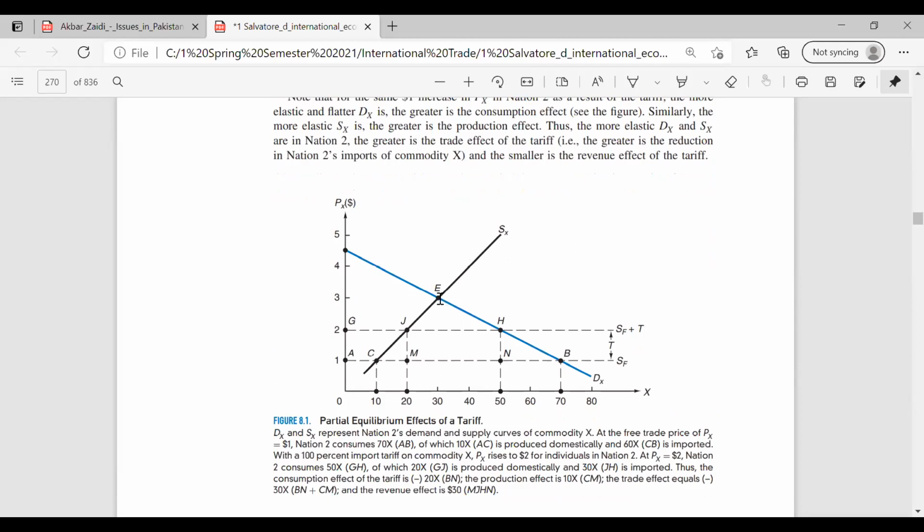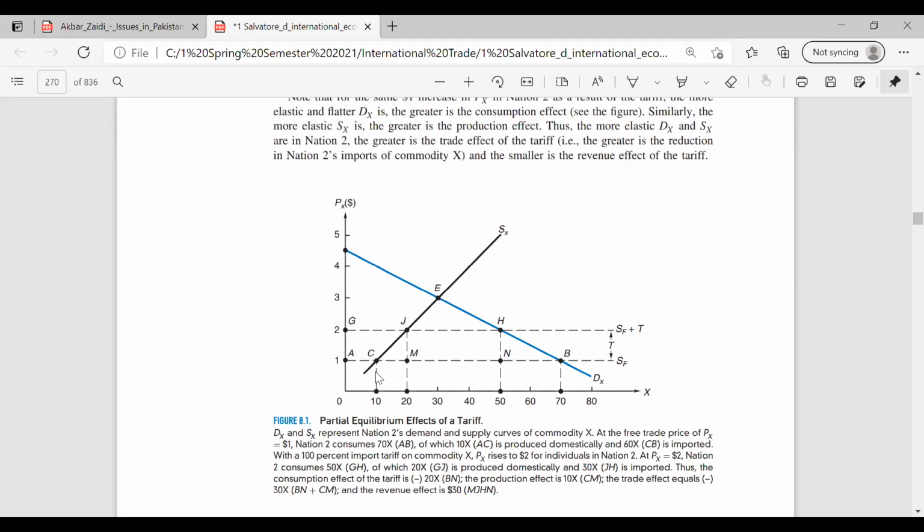Before trade, its equilibrium was at E, and with free trade its price was $1, and this nation was consuming 70 units of X. From these 70 units, 10 units were produced domestically, and 60 units were imported from abroad.